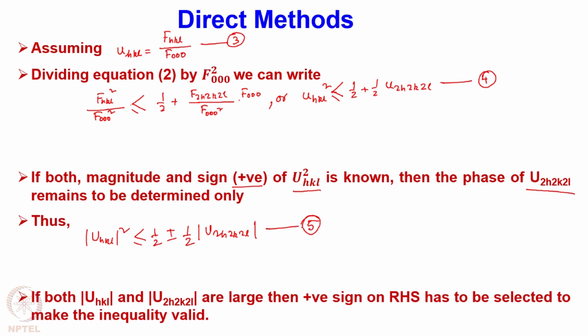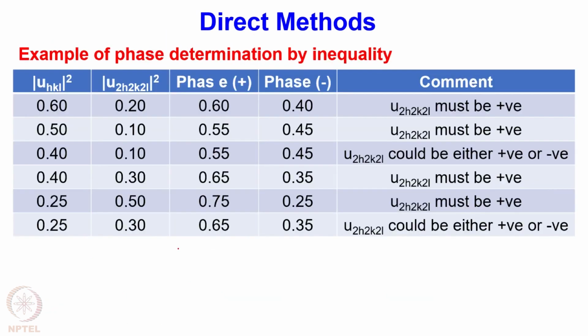If both UHKL and U2H 2K 2L, that is this and that, are large, then the positive sign on the right hand side is valid to make the inequality work. So here is one example of this set of values for phase determination by the inequality method.